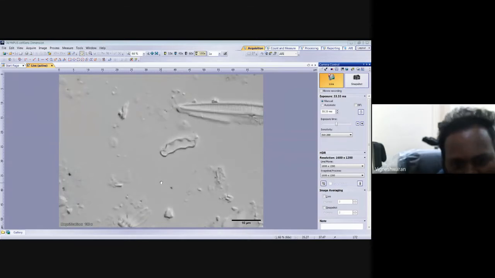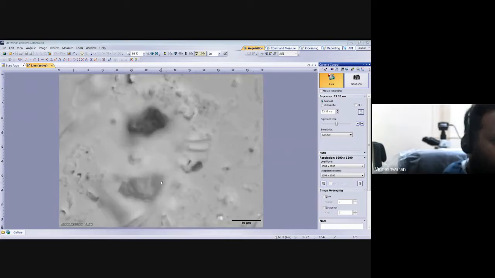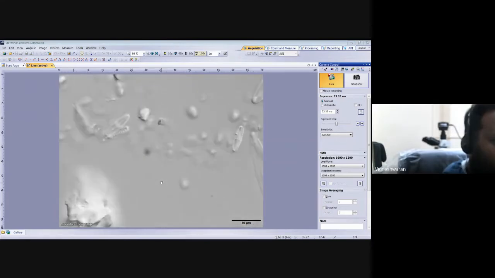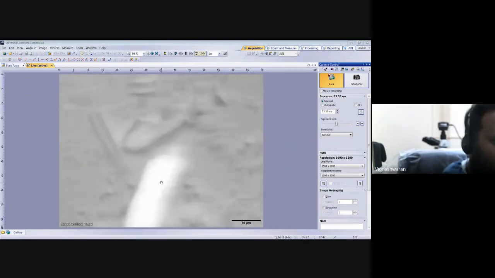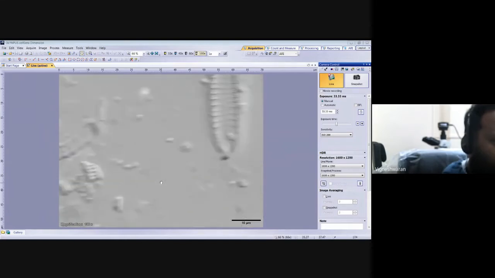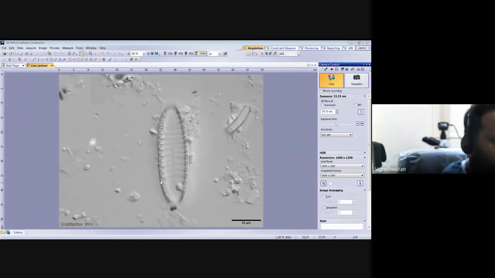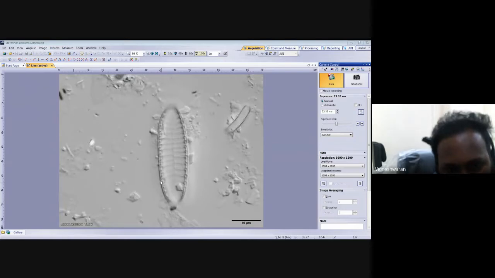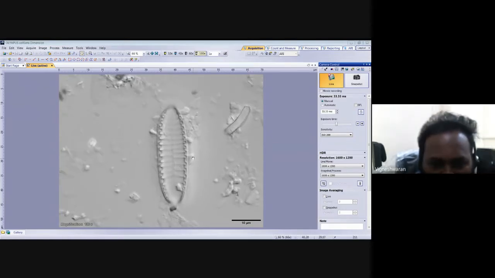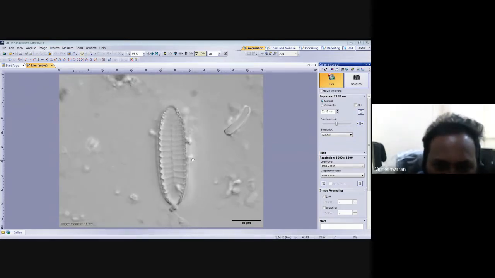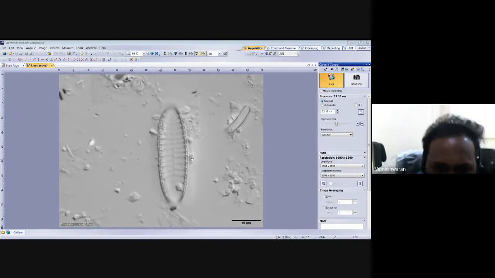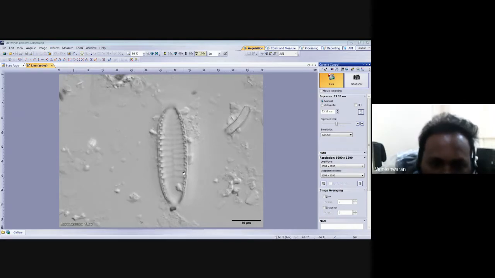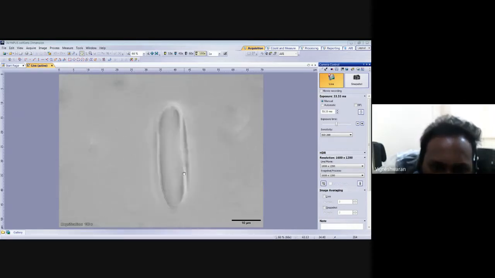And see another one, an inosioid. So this is a centric diatom. I told you about bigger diatoms, so this is one of the centric diatoms. This diatom has a raphe in the marginal area, but it is not visible in light microscopy.